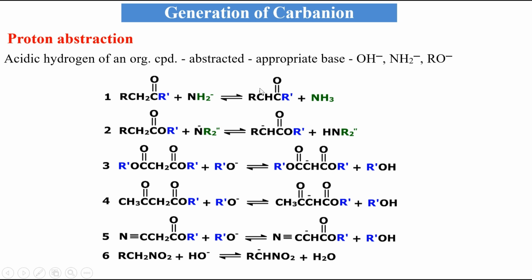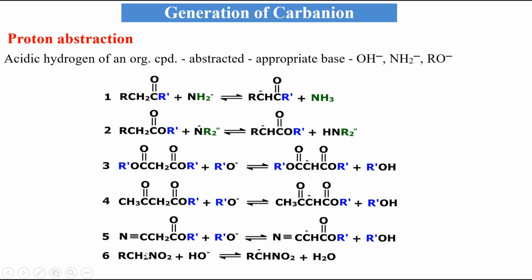Similarly with esters, I can treat diethyl malonate with sodium alkoxide to give malonate anion, and simply I can use sodium hydroxide or potassium hydroxide and treat with alkyl nitrates.